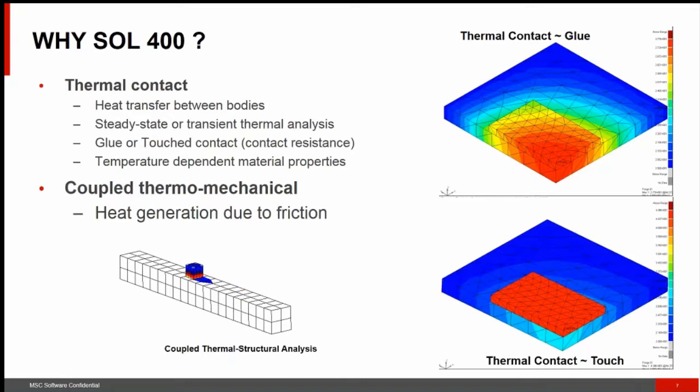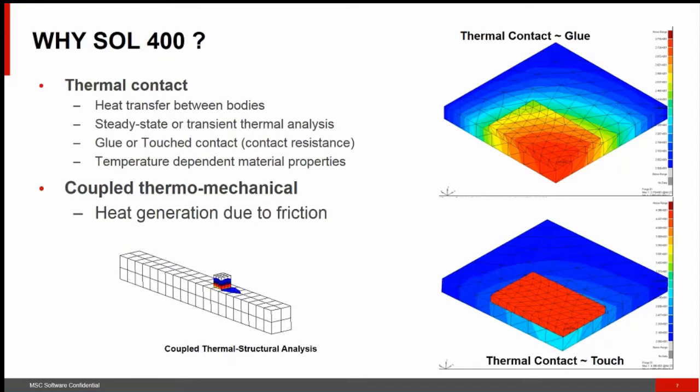You can even perform this type of analysis with structures that have different meshes using a restart procedure. MSC Nastran allows the temperatures to be interpolated from a different mesh model, as I said. This is a useful tool that's available in solution 400.